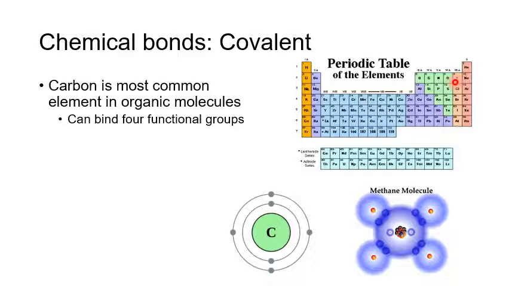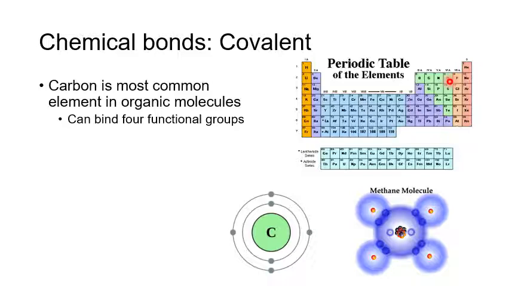So it can make 4 bonds. This makes it unique and makes it so it can be very diverse in the groups or the molecules that can be formed with carbon, because you can have different molecules, different bondings forming off of carbon. It can form 4 bonds, where oxygen can only make 2 bonds.